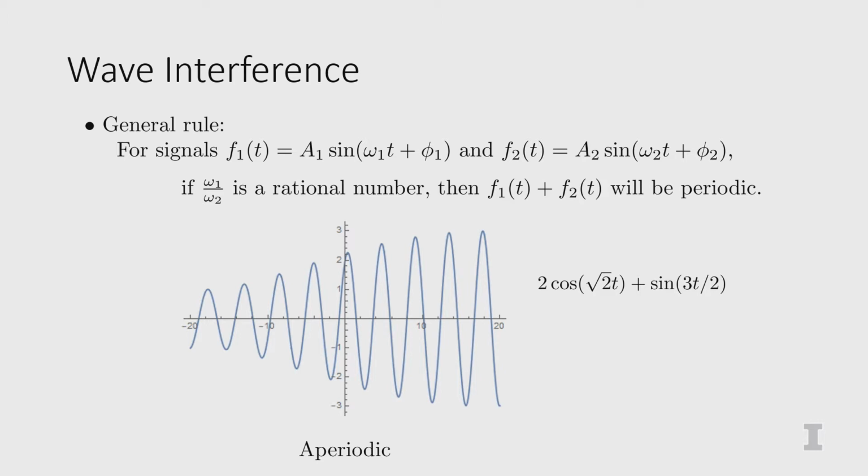It kind of looks like it's doing the same thing, but actually it's not. If you observe what's happening, the frequency is getting smaller and smaller, so the time it takes to go through one cycle is actually getting shorter as t gets bigger. So this is not a periodic function. Again, the reason is that the ratio of the frequencies is an irrational number.